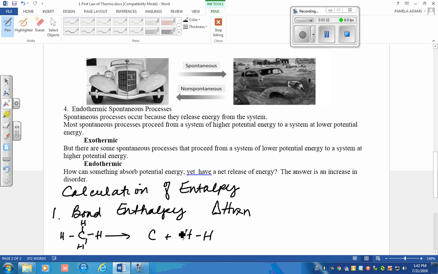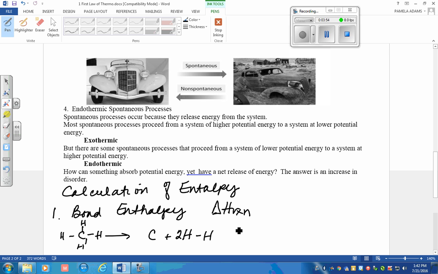So in this case, if this were to be broken apart, you would need to input energy to break up the bonds that are existing between the carbon and the hydrogen, and then there would be energy released when the two hydrogen bonds formed for the H2 gas.